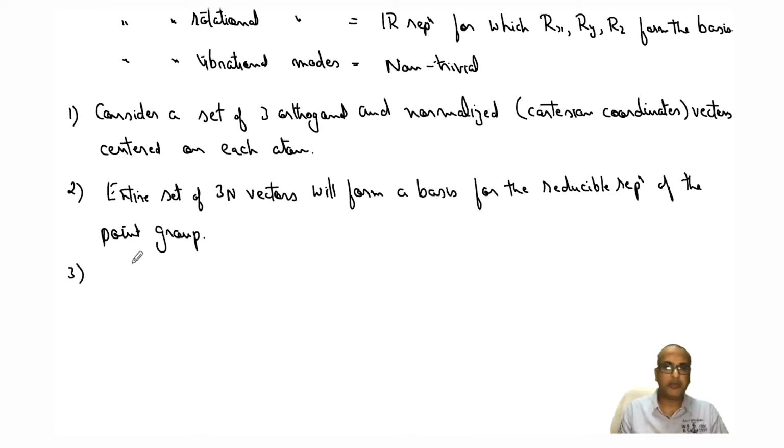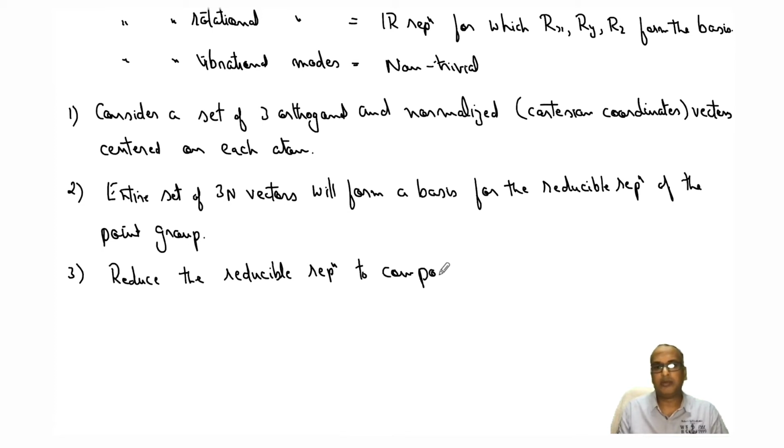Once we have the reducible representation, the next step is to reduce the reducible representation to component irreducible representations. That also we have learned and practiced enough, so we know how to do it. This is done using the reduction formula, right?